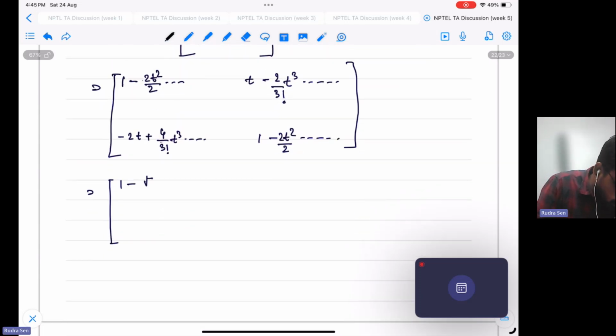So we can write it in that format, t squared by 2, and then it will be a cube t squared by factorial 3.